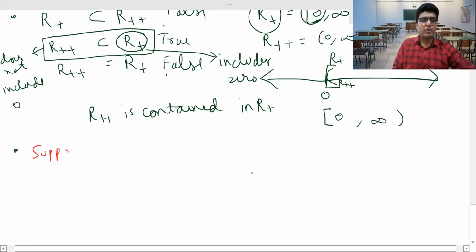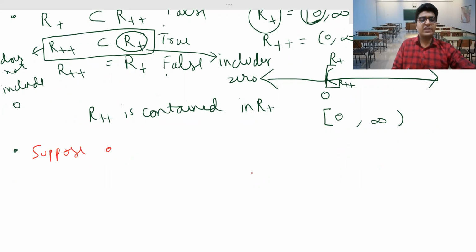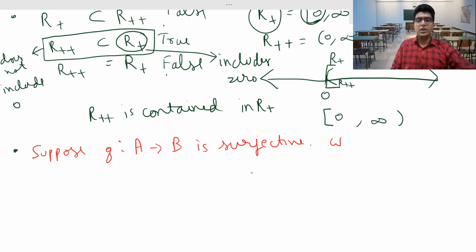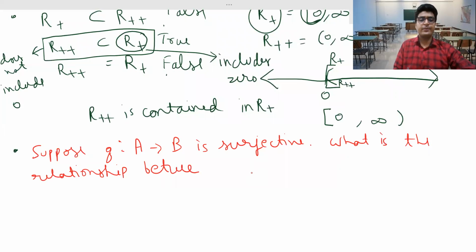Again, let's talk about cardinality. Suppose there is a function g, domain is A, codomain is B, and we know that it is surjective. Now, what is the relationship between cardinality of A and cardinality of B?